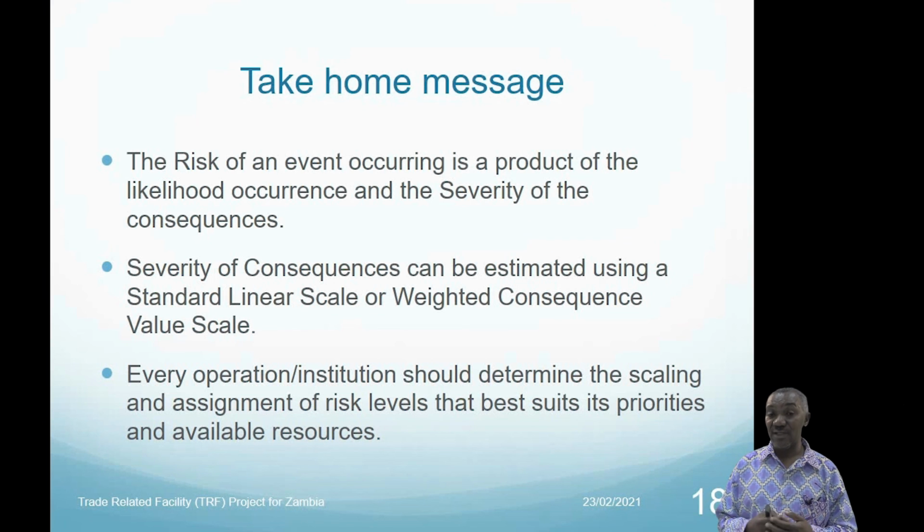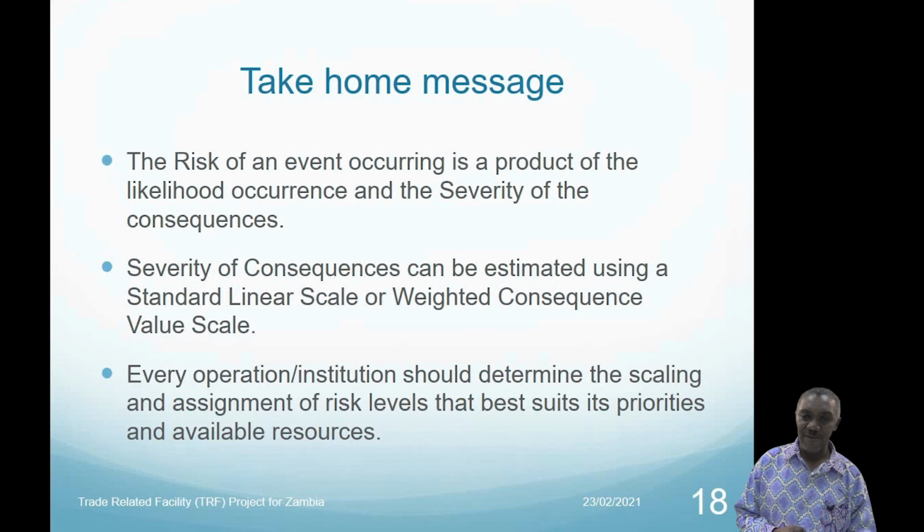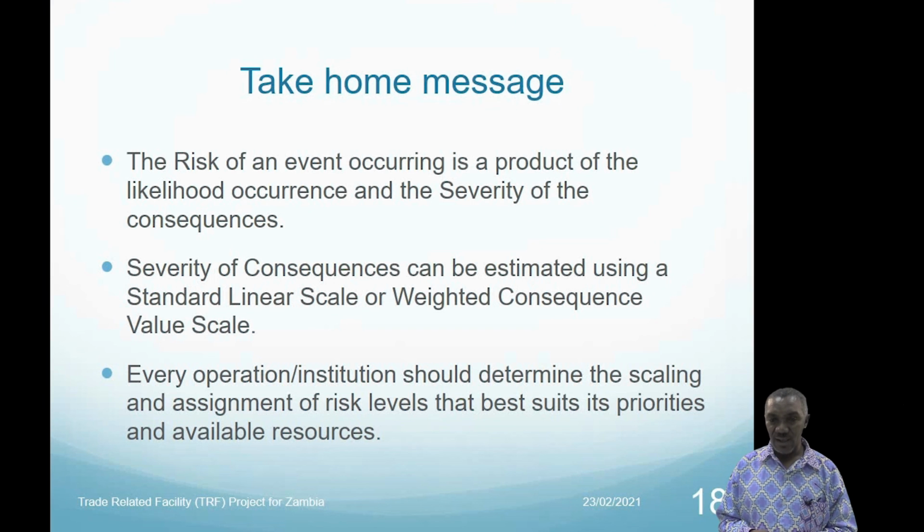But I think you understand now that we rate this using Likert scaling. And each company or enterprise can look at how they prioritize the risks, and also what resources are available to put measures in place to reduce the likelihood of occurrence.